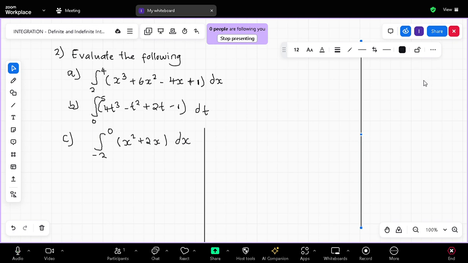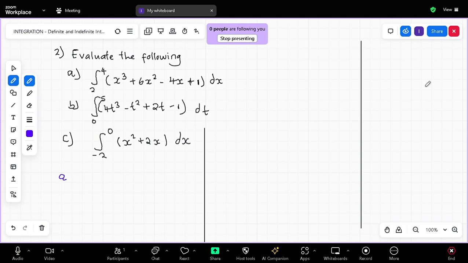So let me start with part A. Integrating x cubed becomes x power 4 over 4, plus 6x squared becomes x power 3 over 3, minus 4x becomes x squared over 2, plus 1x, that is just x. So the limits go from 2 to 4.